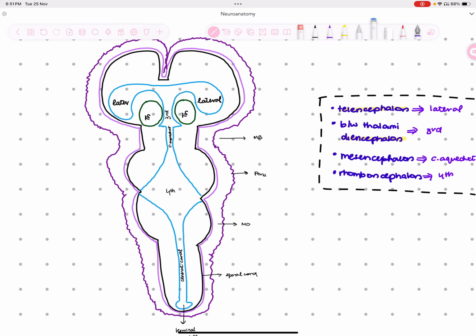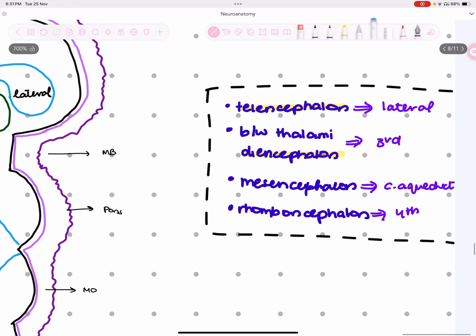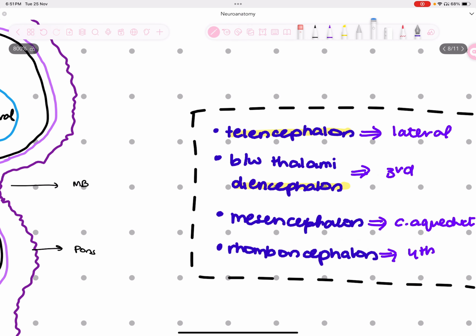If anyone asks you any information about the position or the location of the ventricles, it should be clear to you that the lateral ventricles are found in the cerebral hemisphere, right? And the cerebral hemisphere is a part of your prosencephalon, the forebrain, which is divided into the telencephalon and diencephalon.